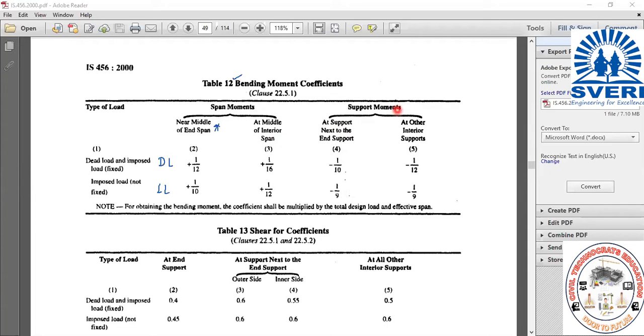After that, at other interior supports, since this is a 4 span continuous beam, it is minus 1 by 12 and minus 1 by 9. So these are the values of the coefficients which we got from table number 12.